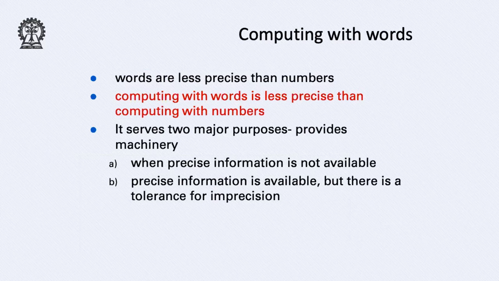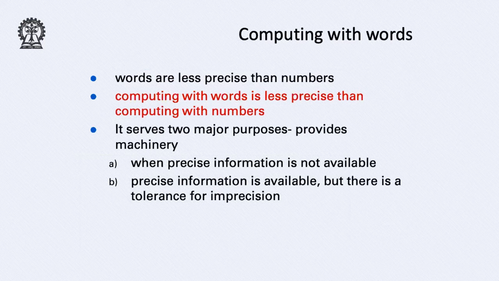Now you see here, computation with words is in a very imprecise environment, because words are less precise than numbers. And so computing with words is less precise than computing with numbers. But it serves its purposes.